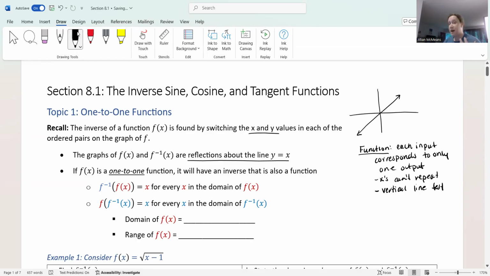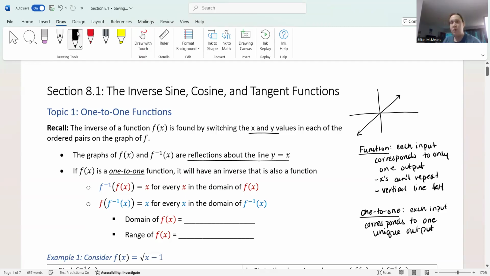But then we learned the idea of a one-to-one function, which is a special type of function. In a one-to-one function, each input corresponds to one unique output.